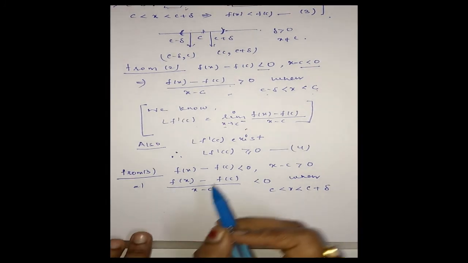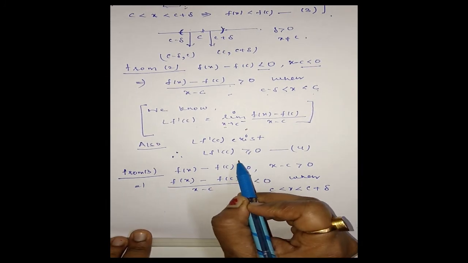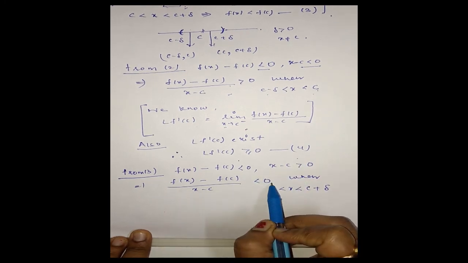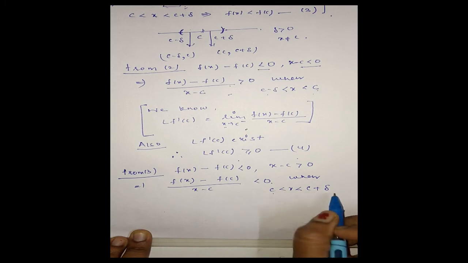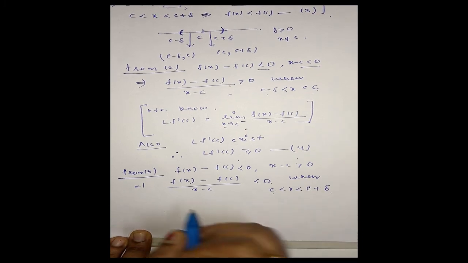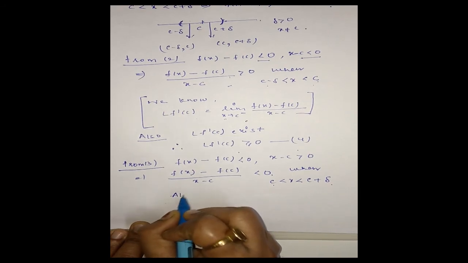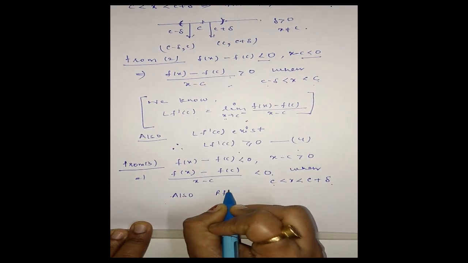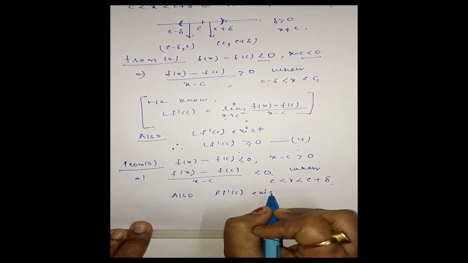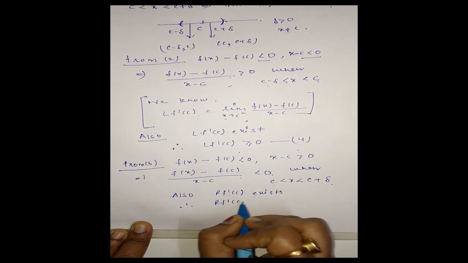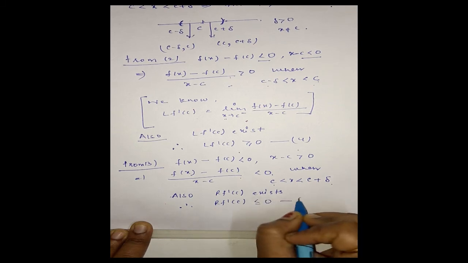Since numerator is negative and denominator is positive, the quotient will be negative. This is nothing but the right hand derivative, which also exists. From this we get right hand derivative is less than or equal to 0.